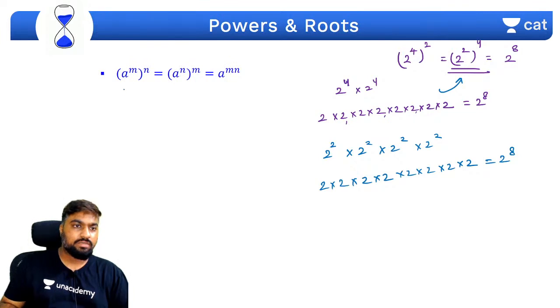So what you have to keep in mind is that a raised to the power m whole power n is the same as a raised to the power n whole power m, which is the same as a to the power m into n.